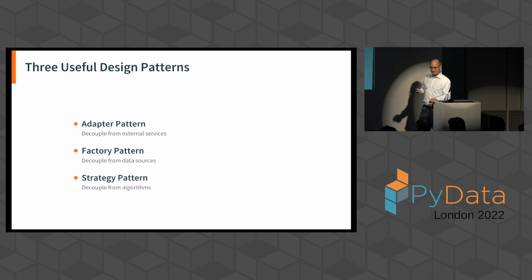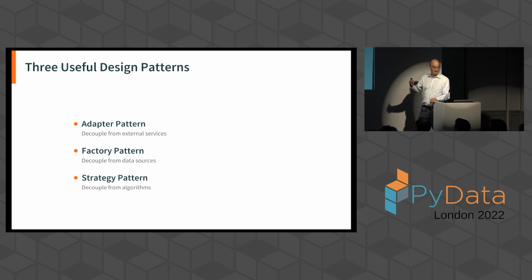How do we actually implement that? We are going to look at three simple design patterns, which are essentially doing the same thing: how do you handle dependency injection for three particular cases? The adapter pattern, which you have already seen, allows you to decouple from external services.